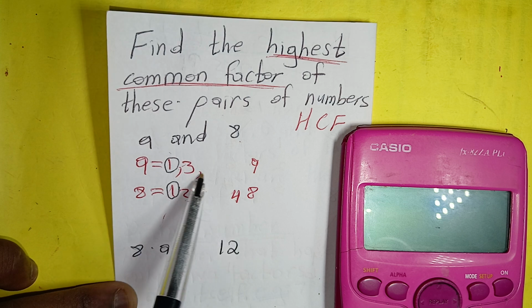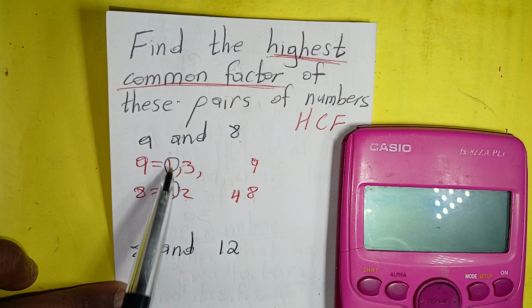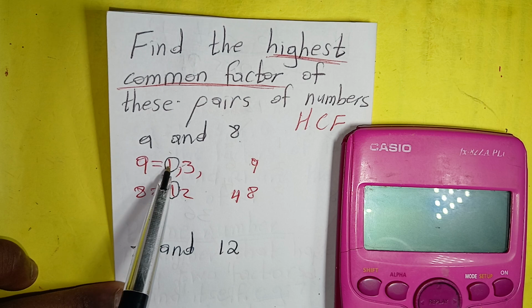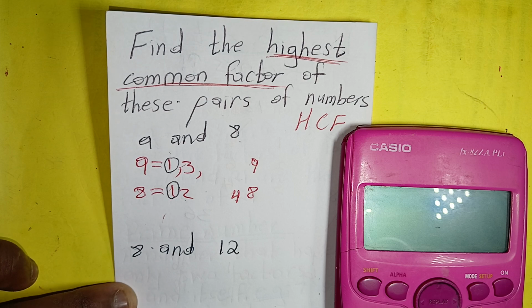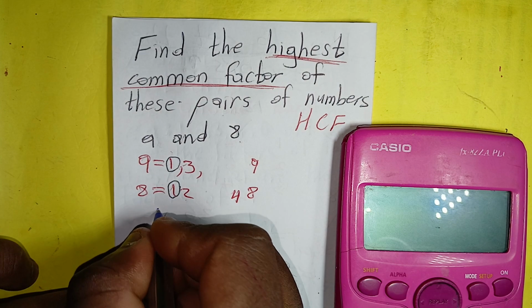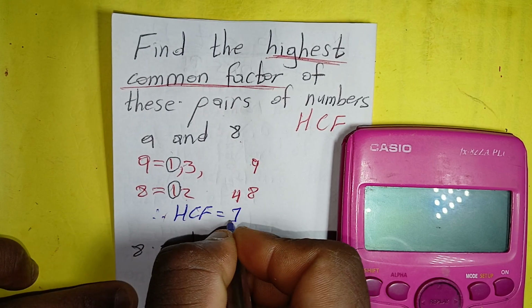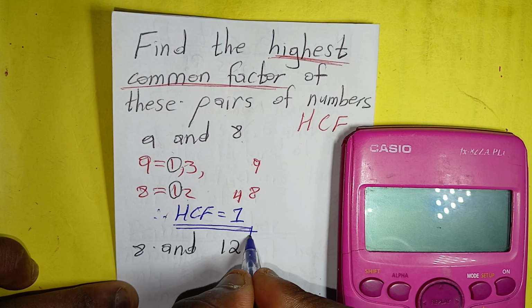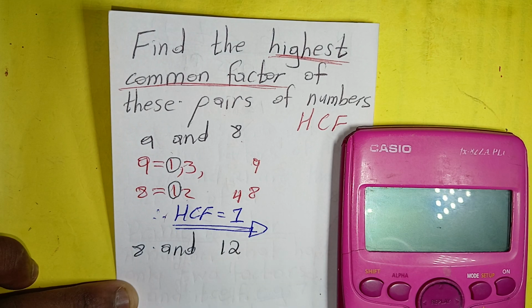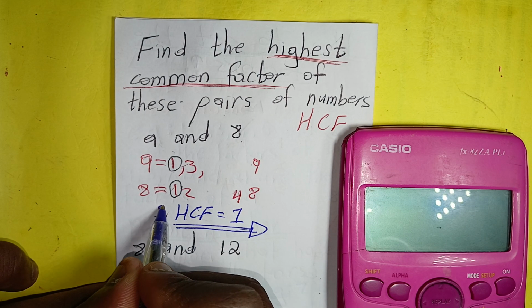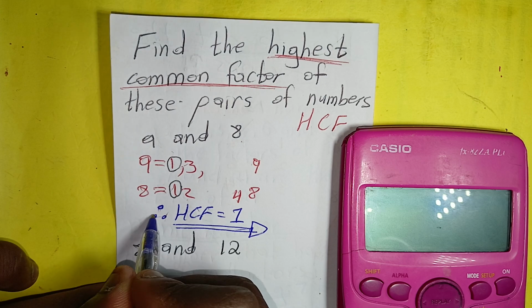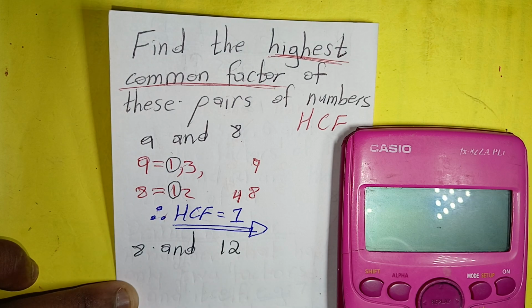There is no other number which is common rather than 1. 1 is the only highest common factor here. So we can say, therefore, the highest common factor is only 1. This is the symbol for therefore.